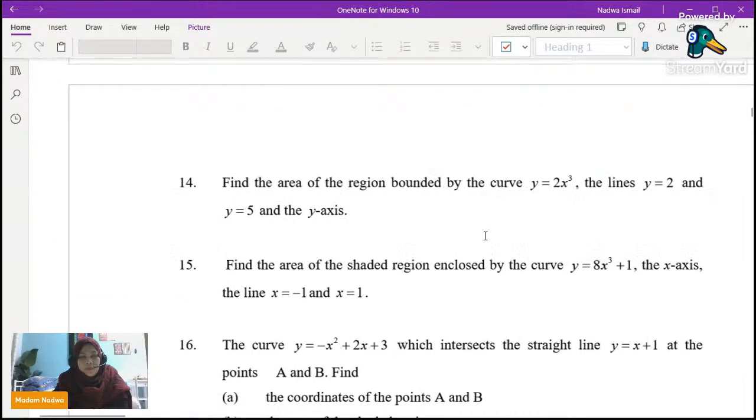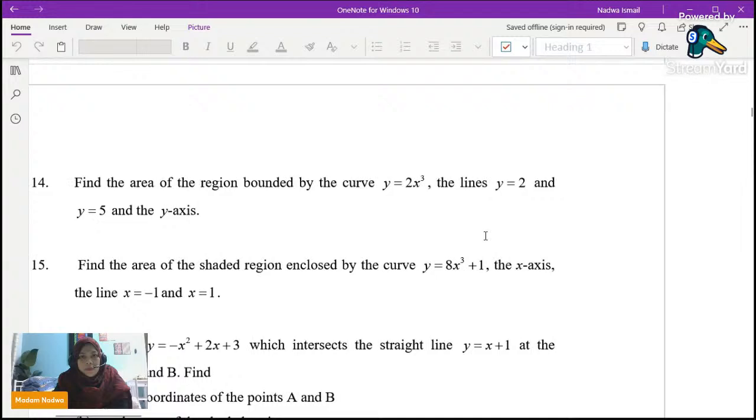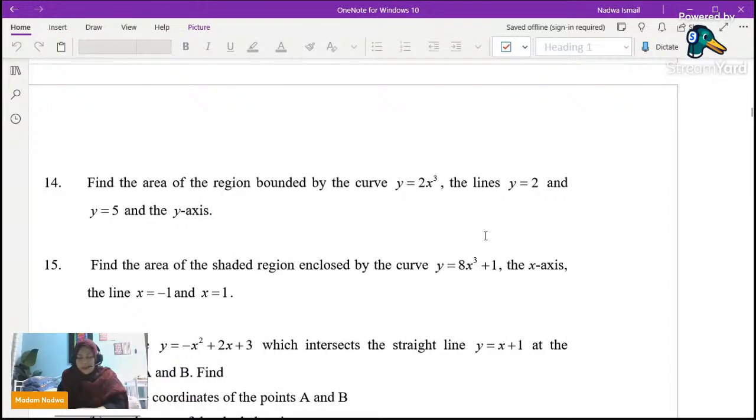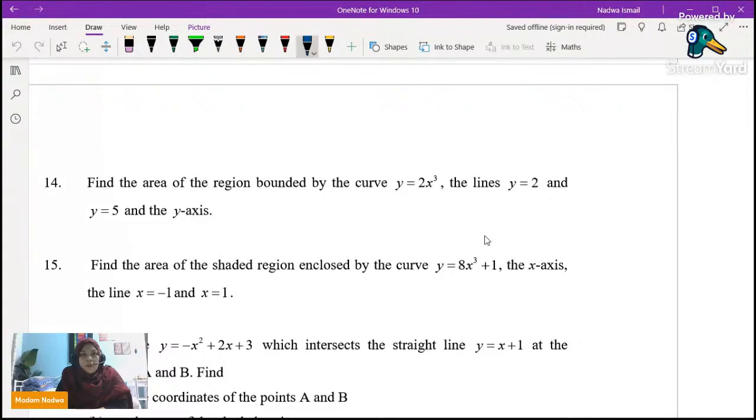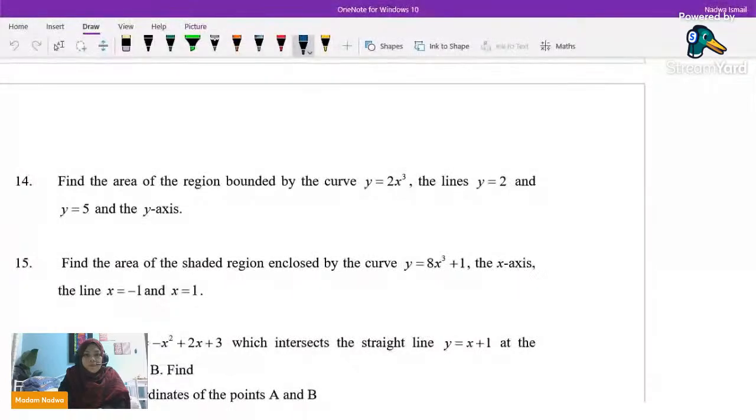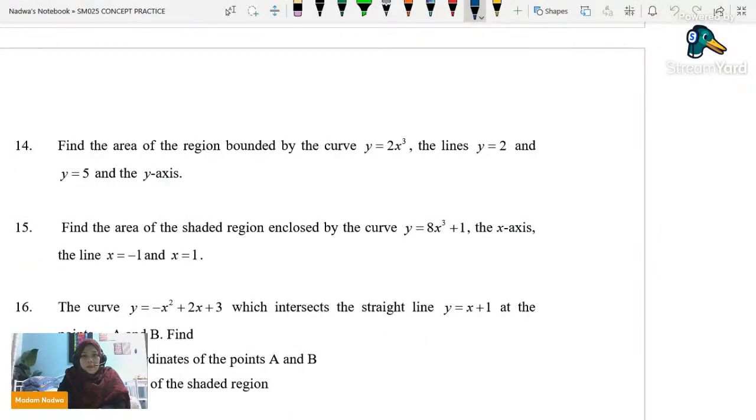So let me do it. Alright, question 14. Let's just read the question first. Okay, so it says find the area of the region bounded. I buat full screen. Okay, hopefully nampak semua. Okay, question 14. Siapa yang tengah live dengan saya ni, bolehlah komen dekat live chat tersebut.